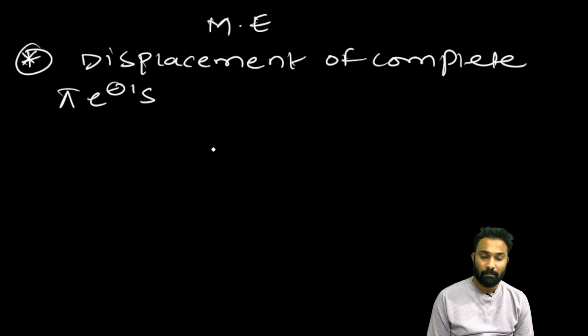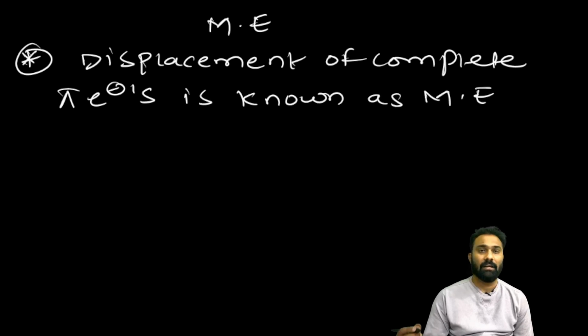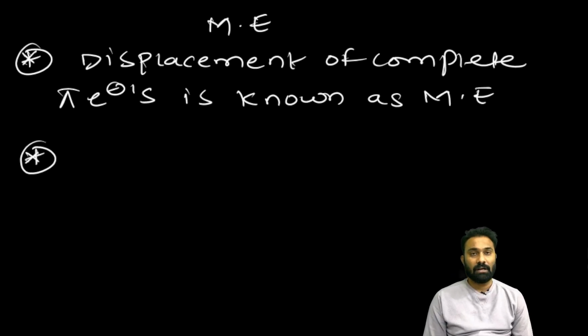Displacement of the complete pi electrons is known as the mesomeric effect. Clear? This is the first key point you have to remember for any compound to show the mesomeric effect.